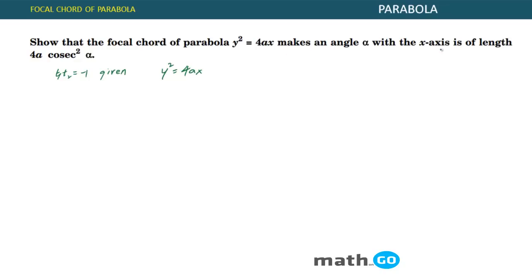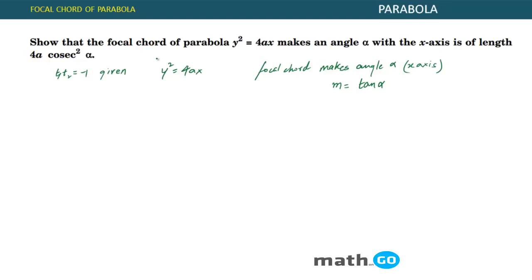You are given the angle which the focal chord makes with the x-axis, angle alpha. That means the slope of this line is given, m = tan alpha.